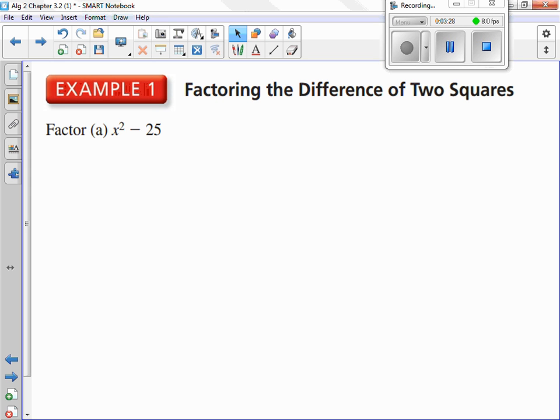I cannot have a middle term, and that's fine. Now we also need to see, is the first term a perfect square, something times itself? Can I take the square root of the first term? The first term is x squared. What's the square root of x squared? Can I take the square root of 25?